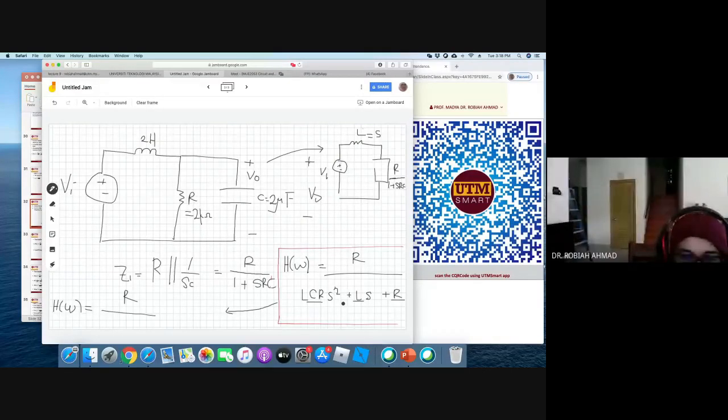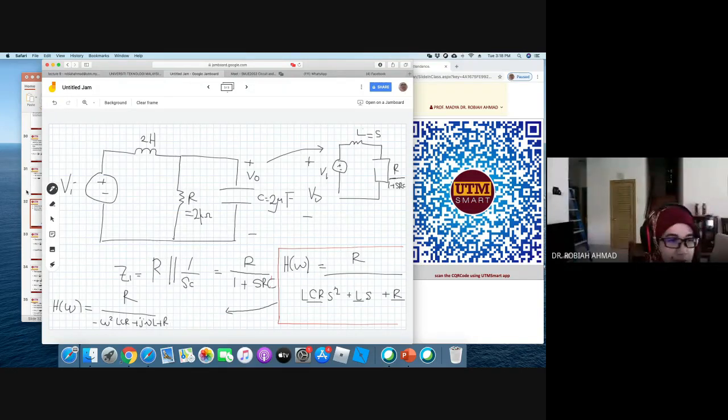So J omega square is minus omega square LCR, and then plus J omega L, then plus R. Okay.